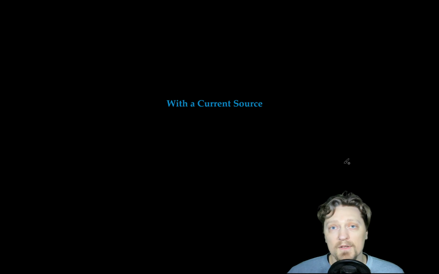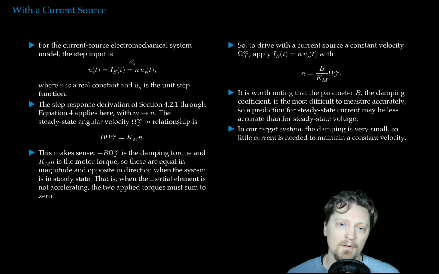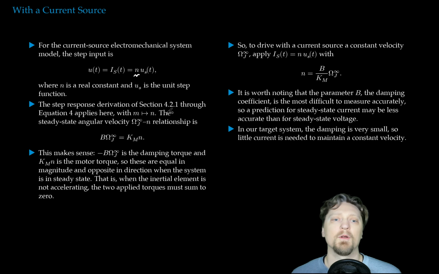With a current source, things are a little different. So with a current source step input, N is the scaling value times the unit step. So N amps of current being applied to the motor. The step response derivation of section 4.2.1 through equation 4 applies here.